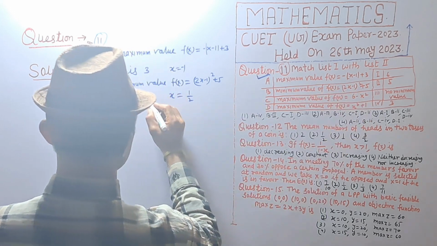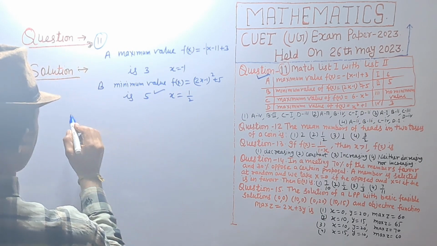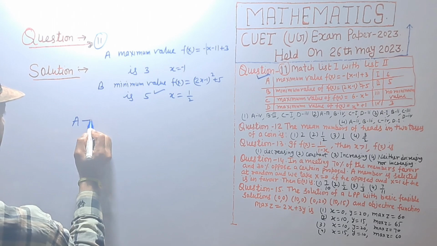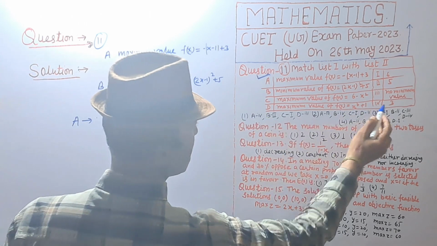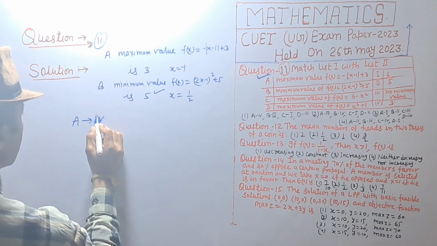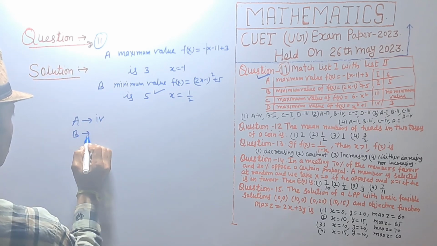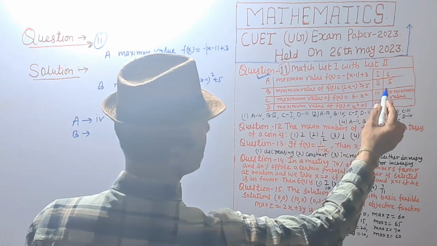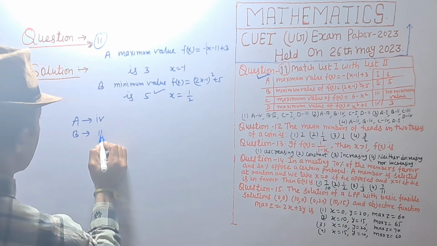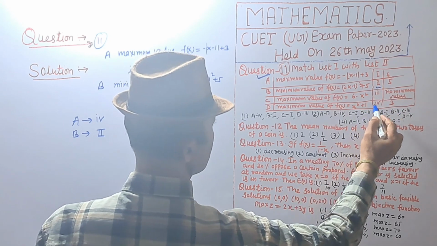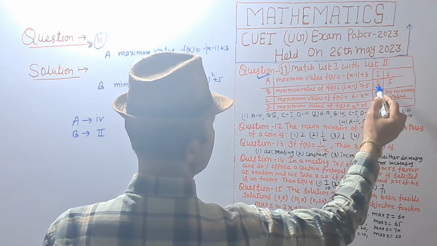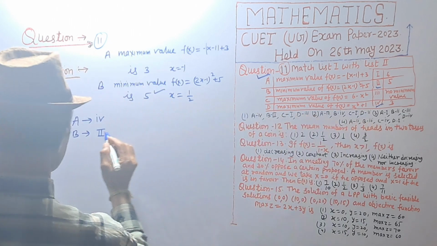This will be 0. A is 3, that is the fourth option, and B is 5, that is the second option. A is fourth, B is second option.